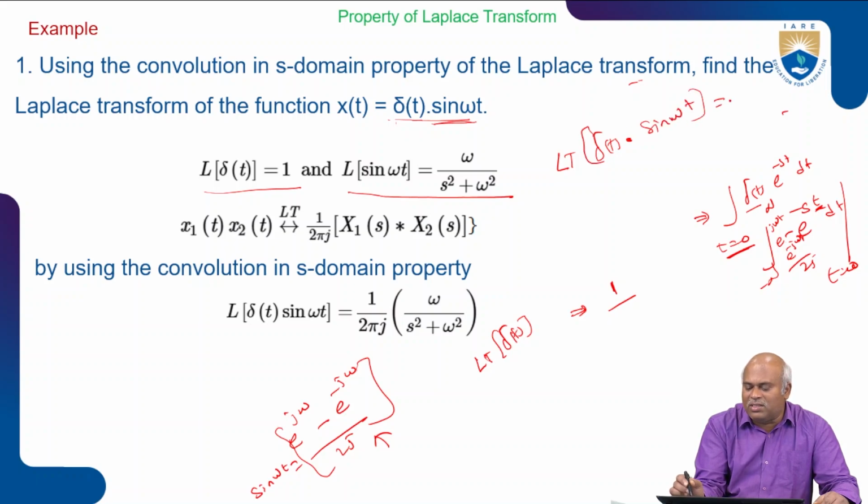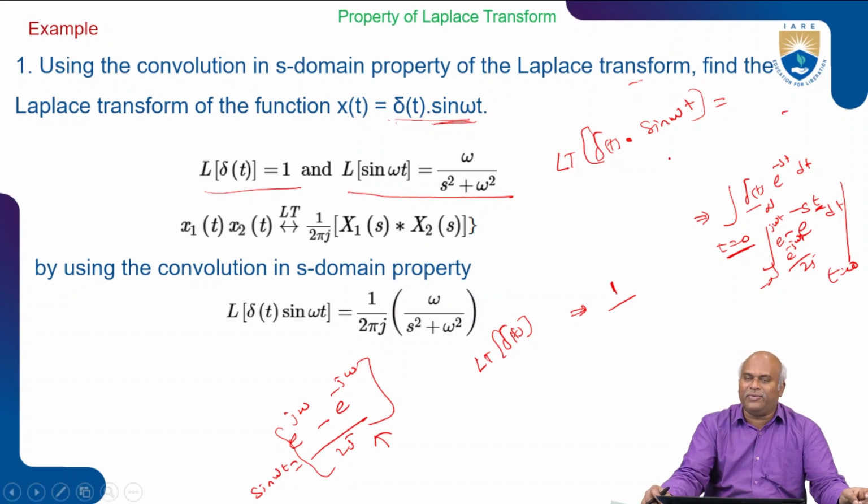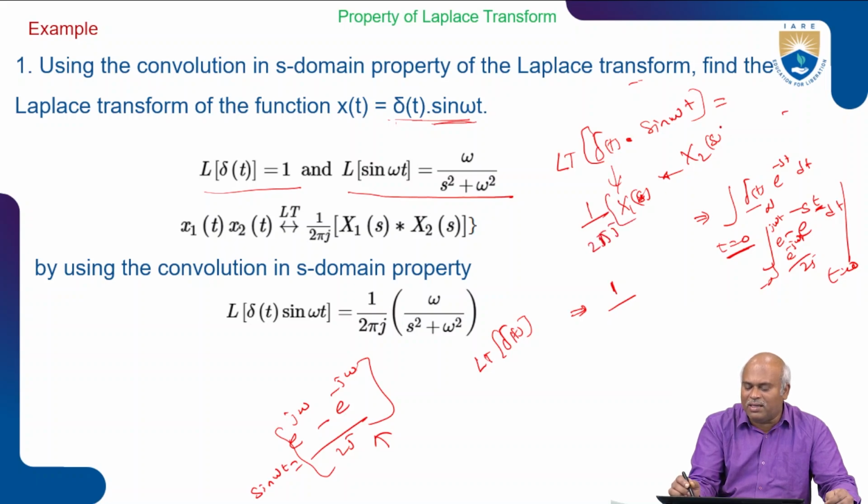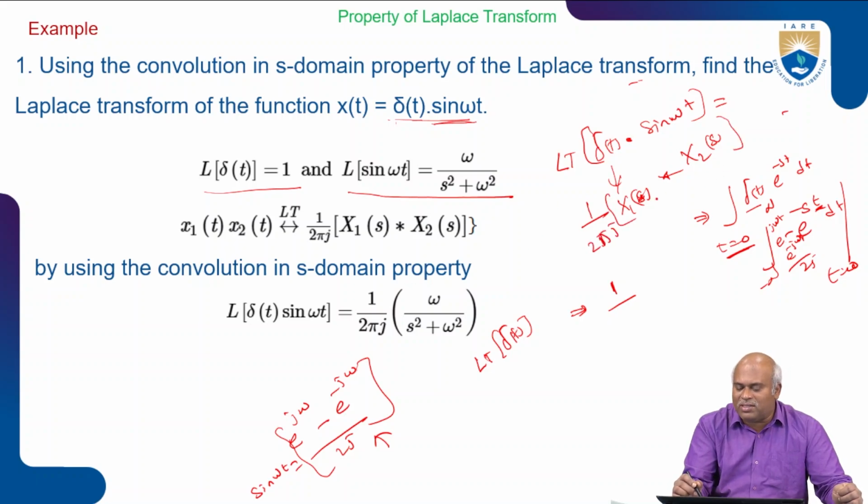We know the formula in the case of convolution: this is represented as X1 of s convolved with X2 of s, multiplied with 1 by 2 pi j. We know delta of t transforms to 1, and sine omega t transforms to omega divided by s square plus omega square.